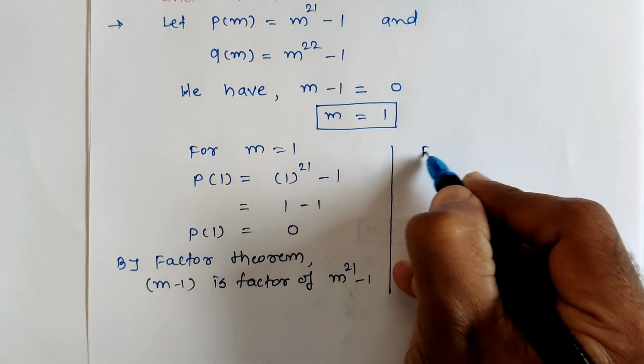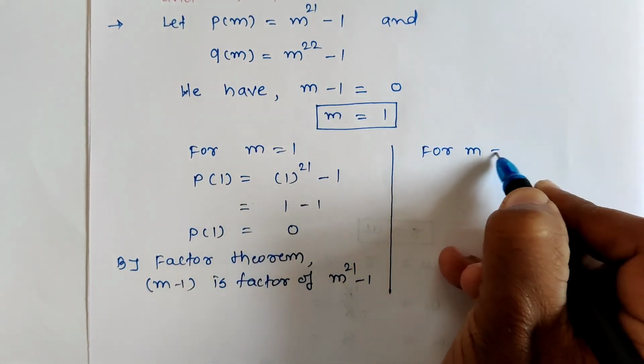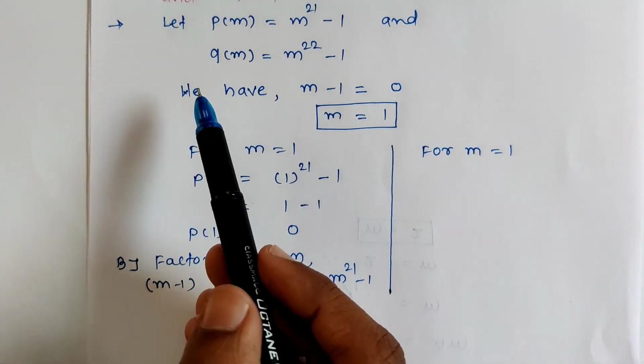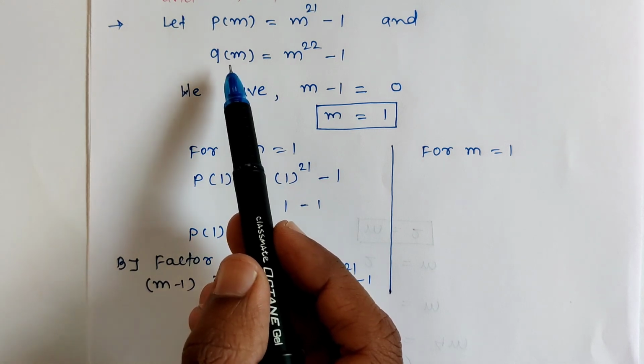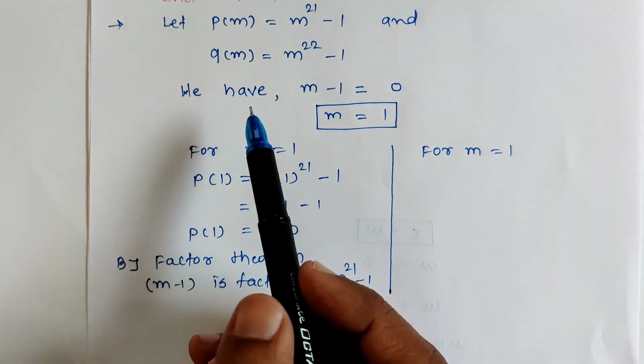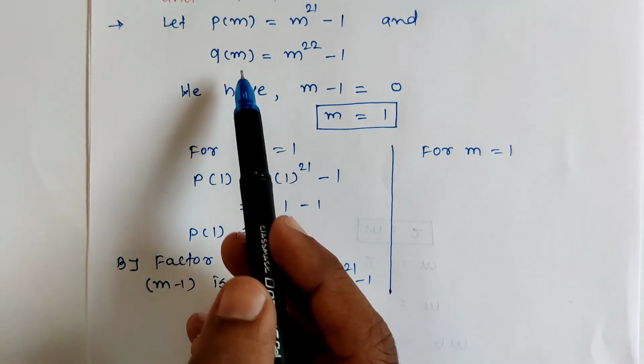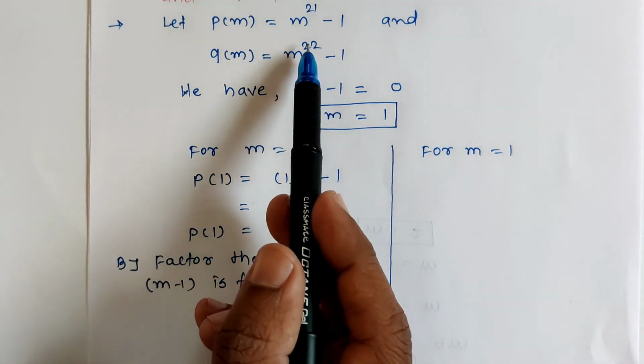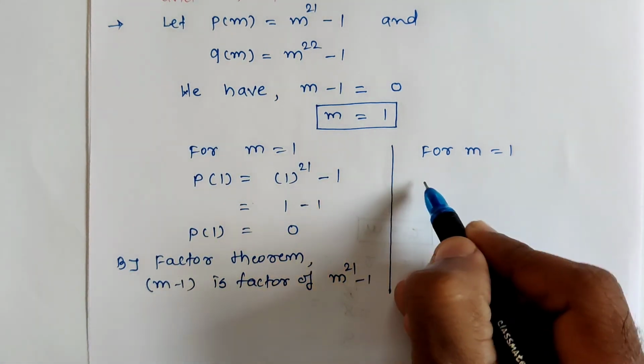Similarly, for m is equal to 1, if the value of polynomial q of 1 comes 0, then we can conclude by factor theorem that m minus 1 is also a factor of m raised to 22 minus 1. So let's check that one.